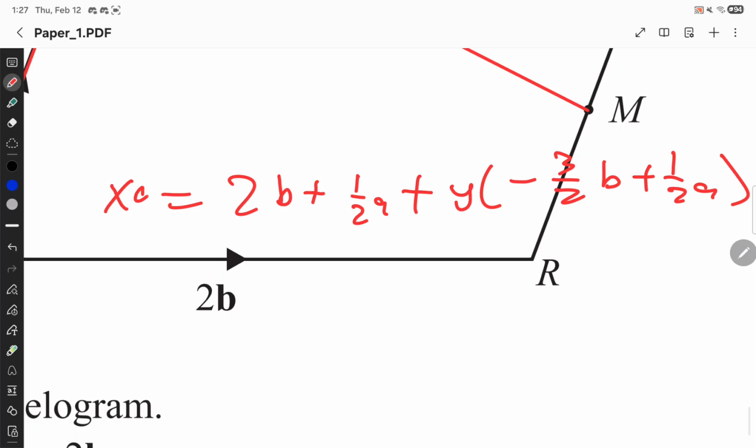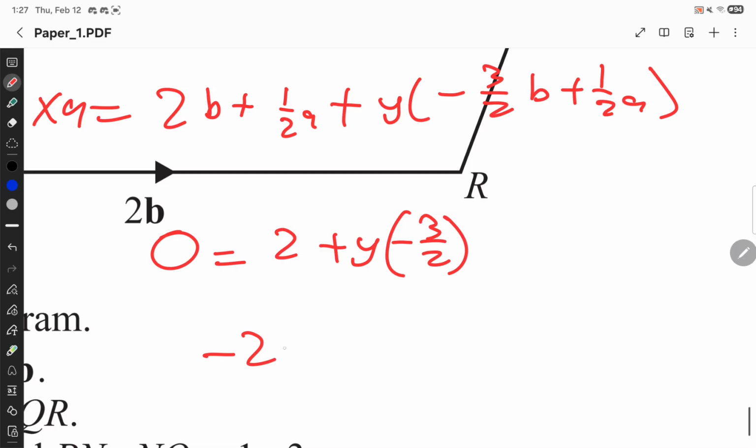Okay, so doing this properly again, if we equate the b terms, okay, the b terms worked out is equal to 2b plus y times negative 3 over 2b. So this is negative 2 is equal to negative y, negative 3 over 2y.